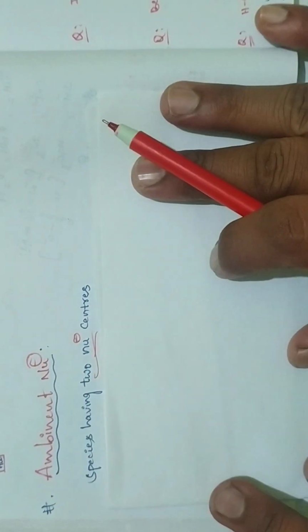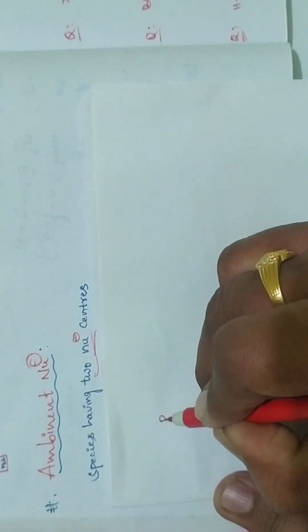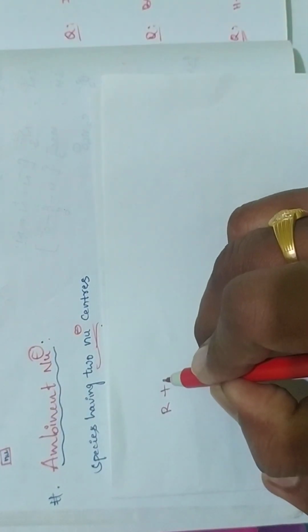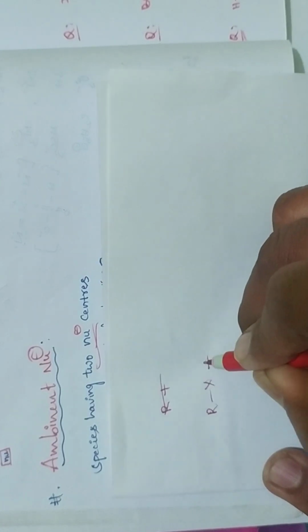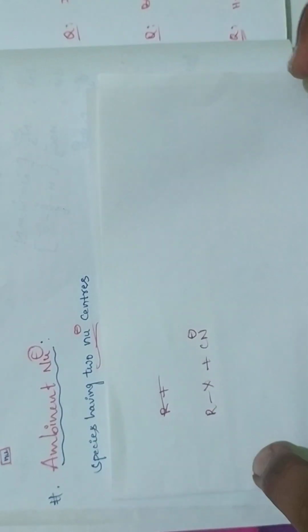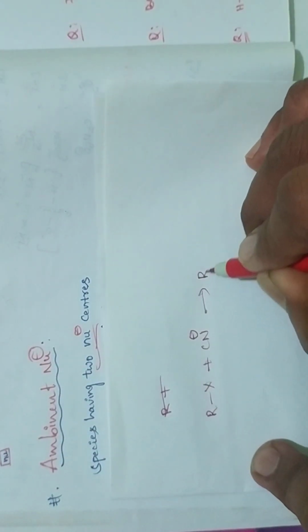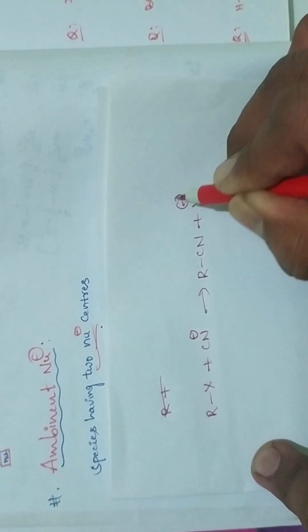Now, for example, alkyl halides. Whenever alkyl halides react with cyanide, we are going to get RCN plus X minus.